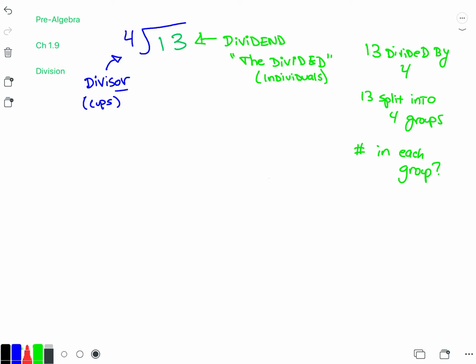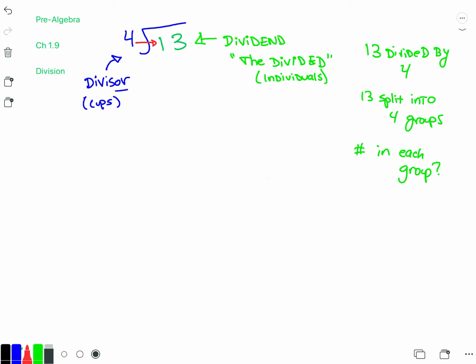So basically, it's a simple system. What I do is I start with this number, and I say, okay, how many times does it fit? How many of these 4s, the outside number, can I fit into the inside number? Well, as you know, I cannot fit 4 of anything into 1 of anything. Let's say it's 4 Skittles. I can't fit 4 Skittles into 1, right?